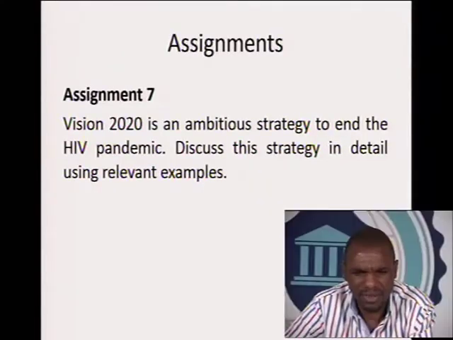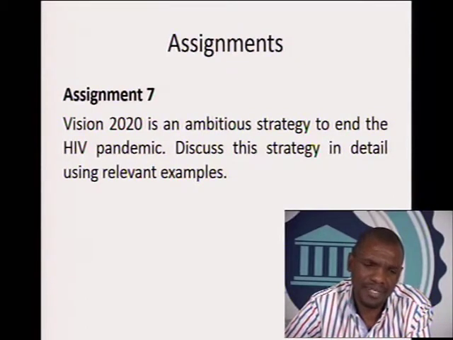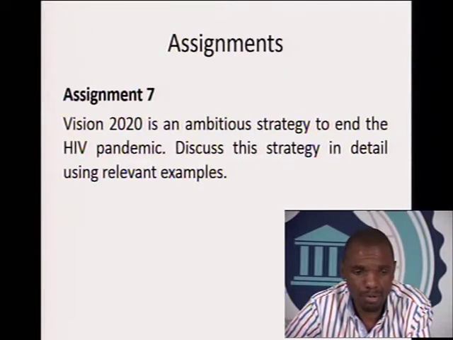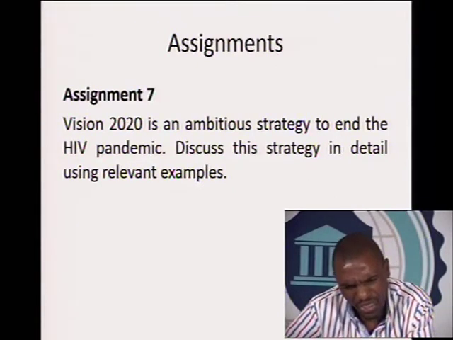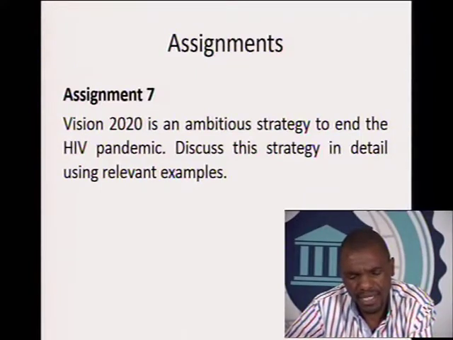Assignment 7 talks about Vision 2020. It talks about an ambitious strategy to end the HIV pandemic. Discuss this strategy in detail using relevant examples. So Vision 2020 is not Vision 2030, obviously.